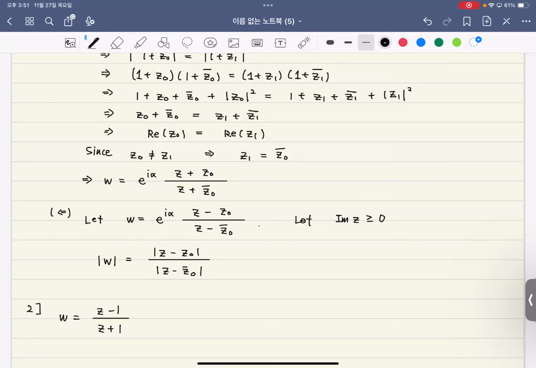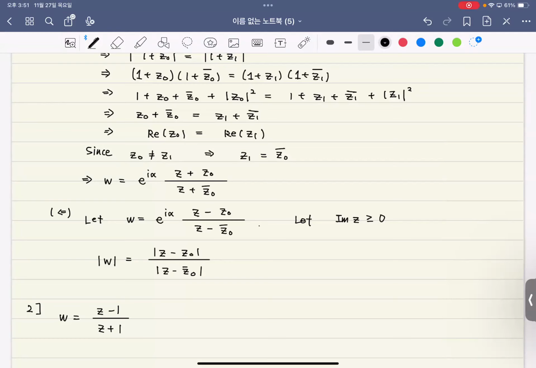Suppose my z0 lies in the fourth quadrant. Then the conjugate of z should be in the first quadrant, and in this case the ratio between these two must be greater than 1.